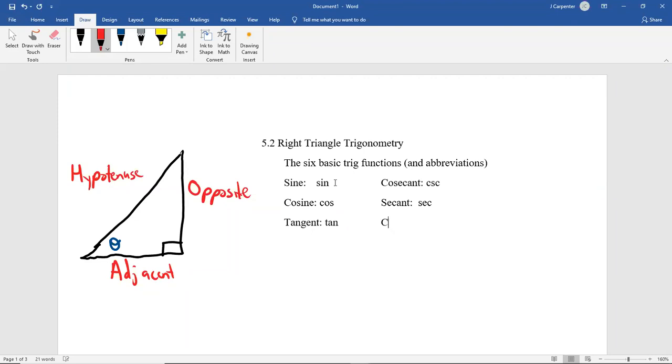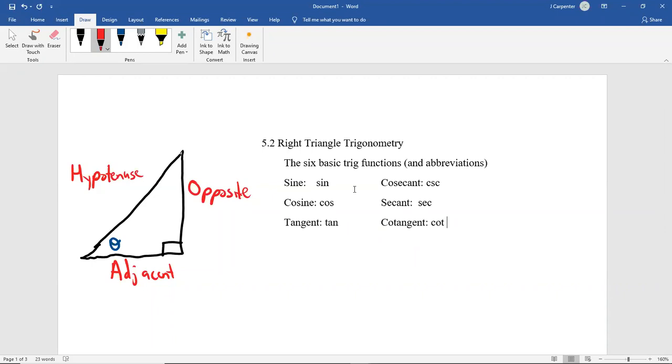And then we have our cotangent, which its abbreviation is COT, C-O-T. So those are our 6 trig functions that will be used every day of this course until we get out of trigonometry for things at the end of the semester.